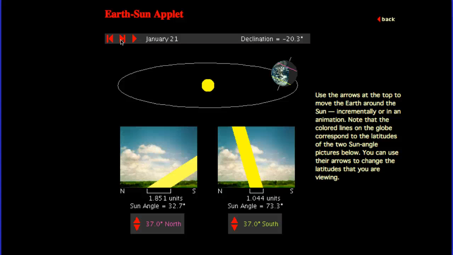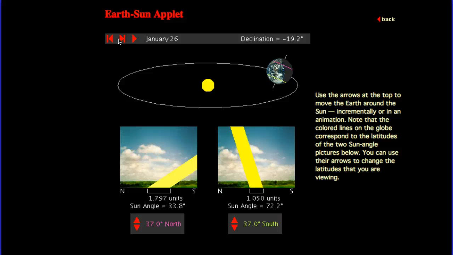And so then you're just going to record for January 21st the sun angle for San Francisco, the sun angle for Melbourne, and then advance another date and do the same thing, the sun angle for both cities, and collect your data again for the same amount of time that you had your temperature data and your hours of daylight. And this is showing you the sun's angle for that amount of time.